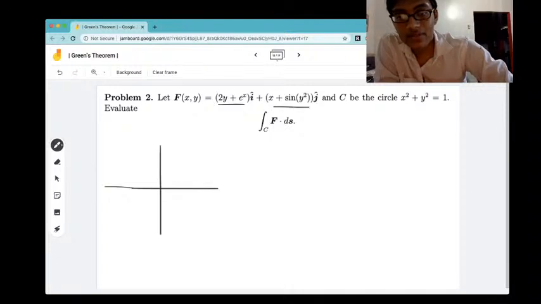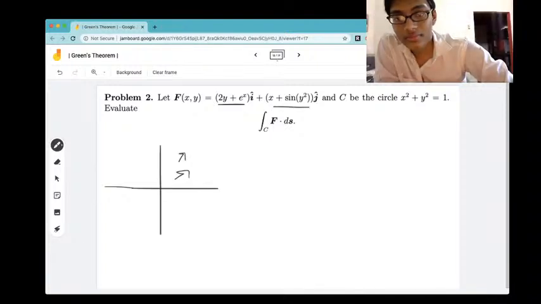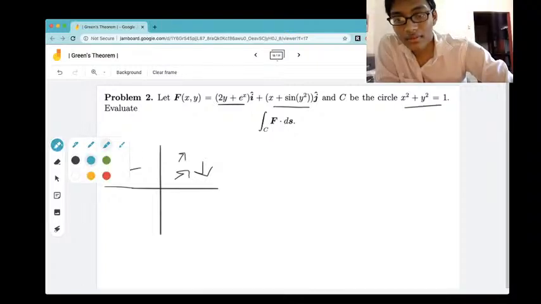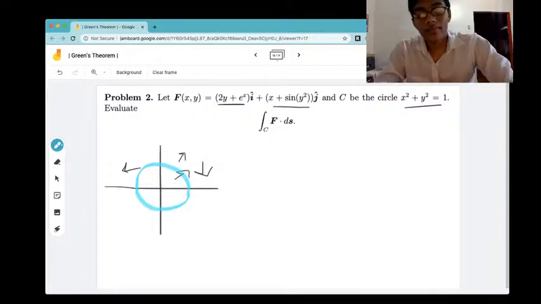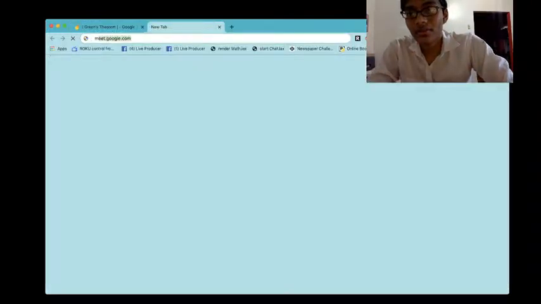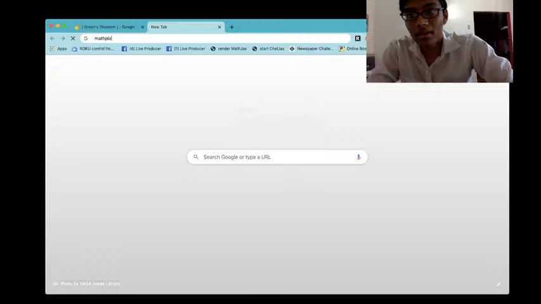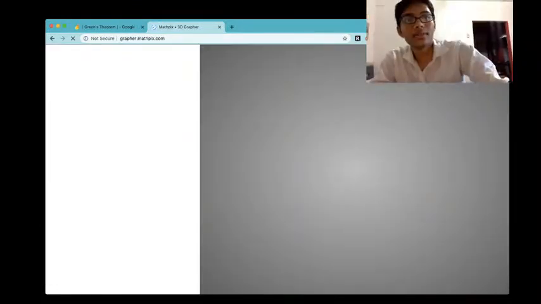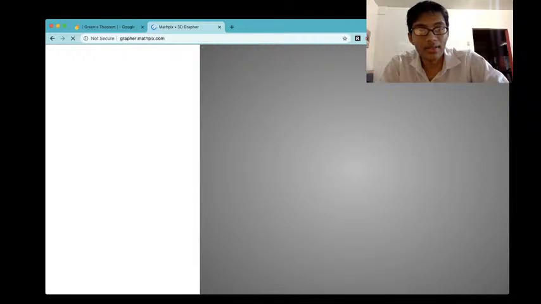Might have vectors all over, and I'm interested in a certain curve C. Okay, so I'm thinking that I can actually graph that out here on my 3D graphing calculator. Hopefully everyone is able to see what I'm saying.